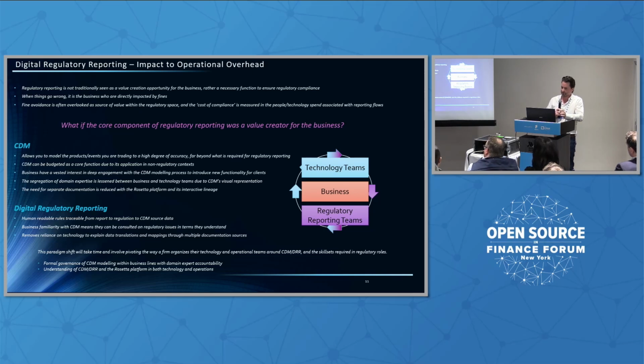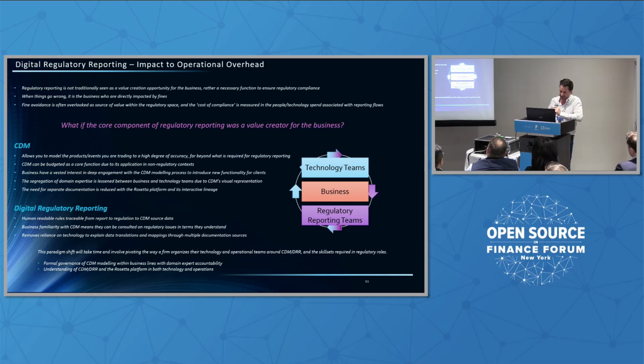That's where I'm coming from with this. If you have to sell or pitch CDM internally, it's a lot more palatable because there's a lot more going on with it than what you'll be able to achieve with DRR. DRR is a great use case or showcase for what you can do with CDM, but once you've built it, you're ready to adapt to any of the other use cases as well.